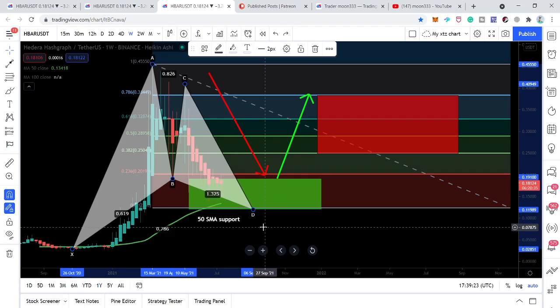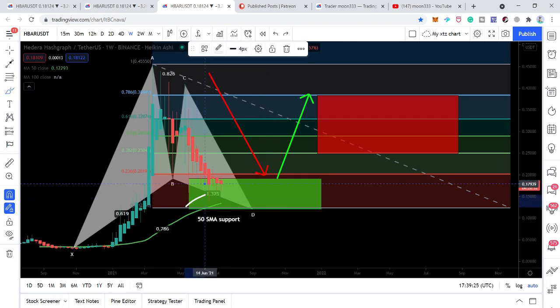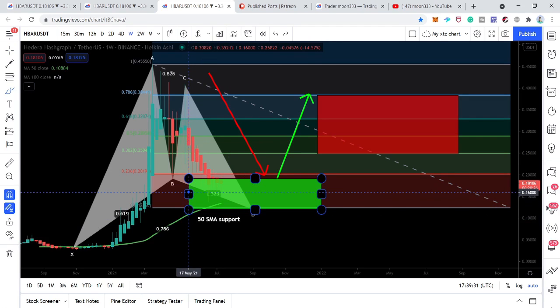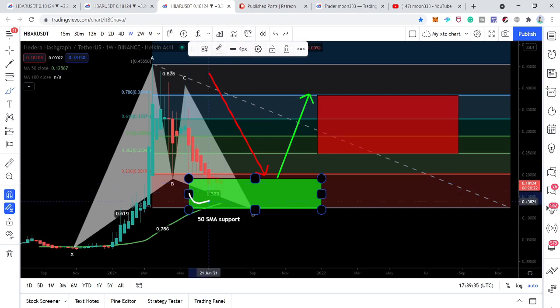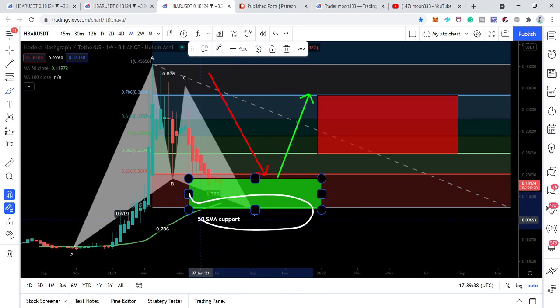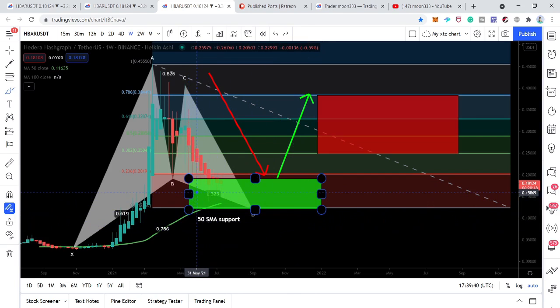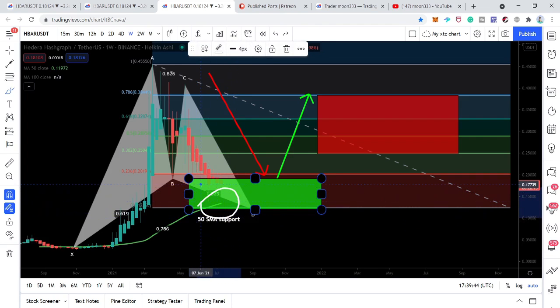However, you can also see that we also have very good support of the 50 simple moving average on the weekly time frame chart. Therefore, for this trade, if I'm going to trade this pattern, then I will not use the maximum extent of the potential reversal zone of this Gartley as a stop loss. I will use this 50 simple moving average as a stop loss.